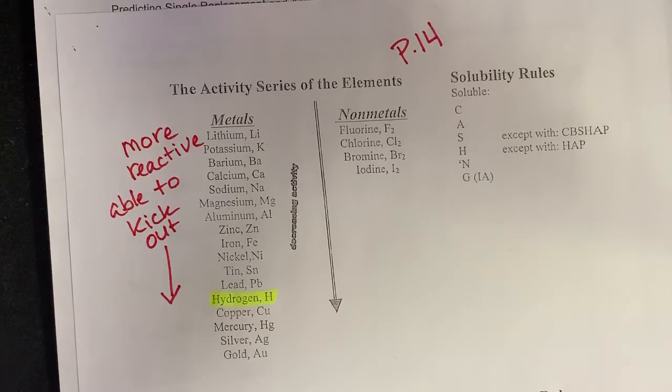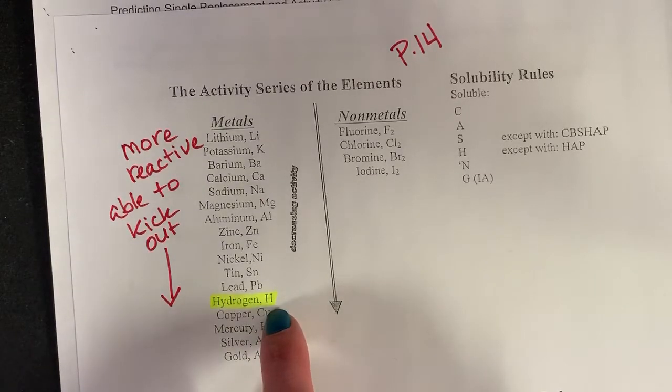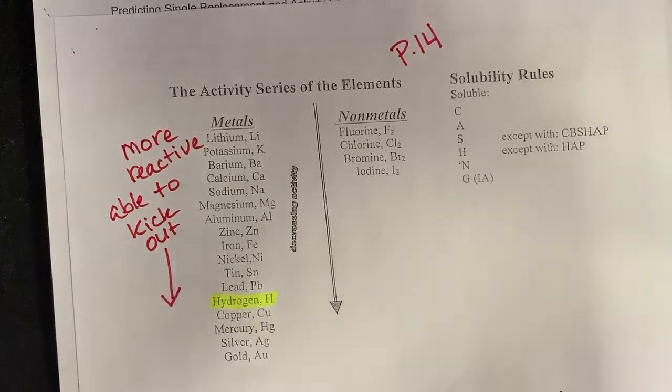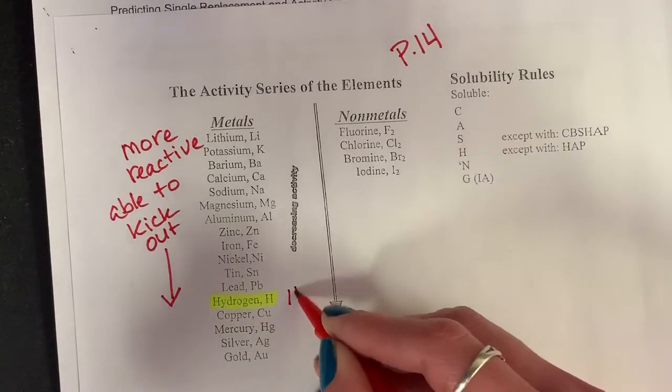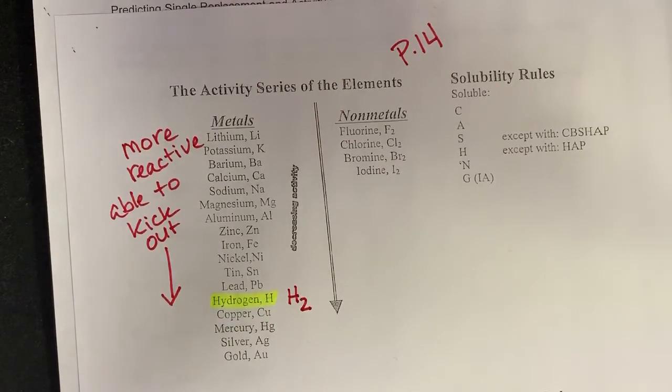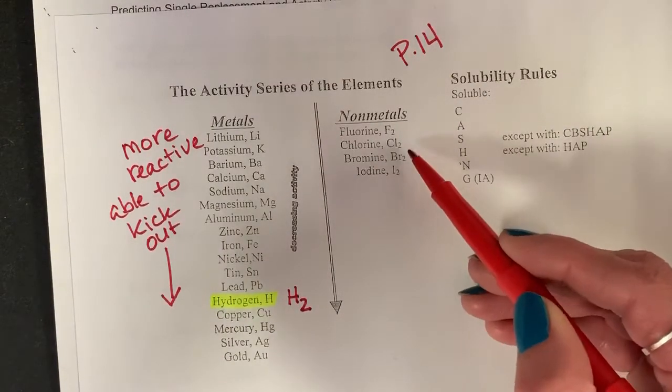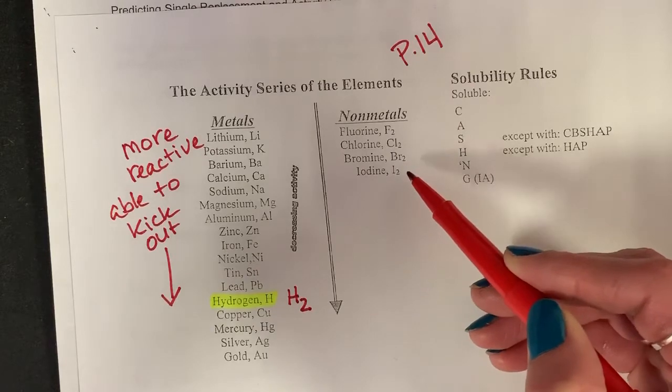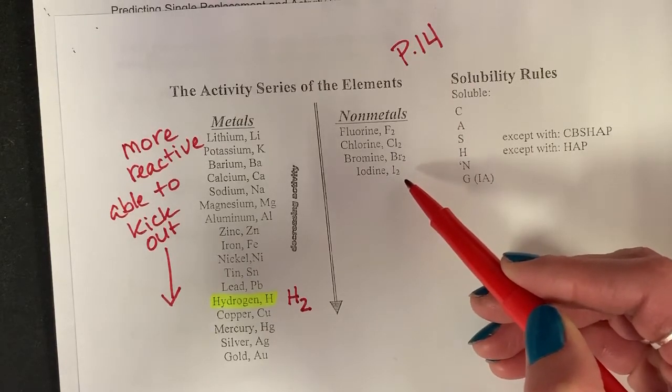However, when hydrogen gets kicked out, hydrogen as an element does not look like a regular H. Hydrogen as an element is always H2. He's diatomic, just like my other nonmetals, so they will never exist by themselves.